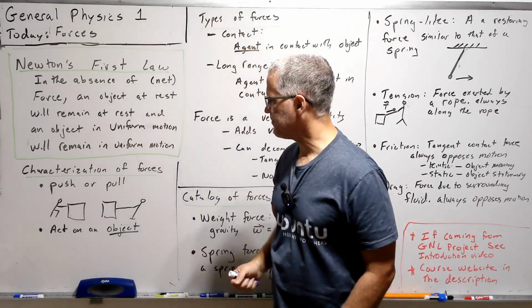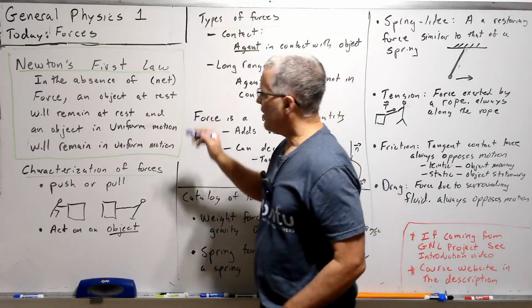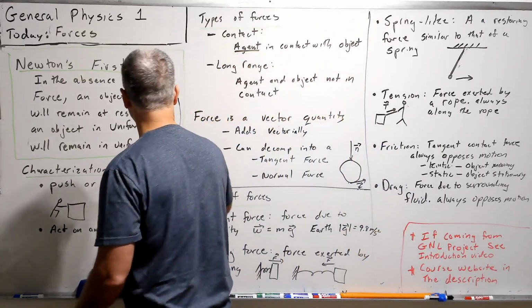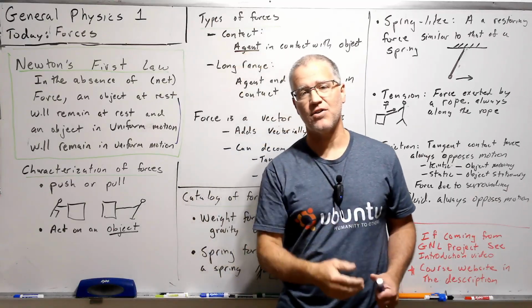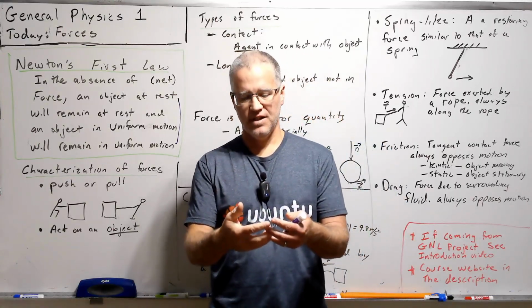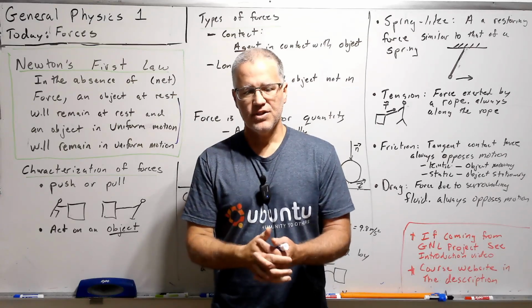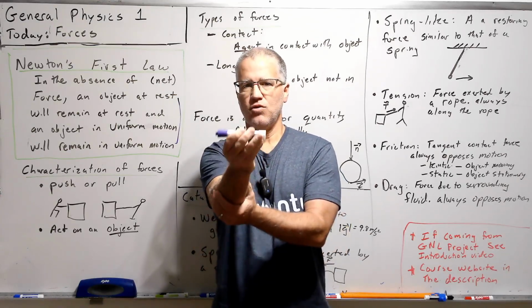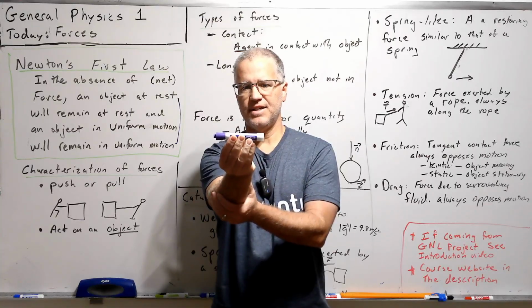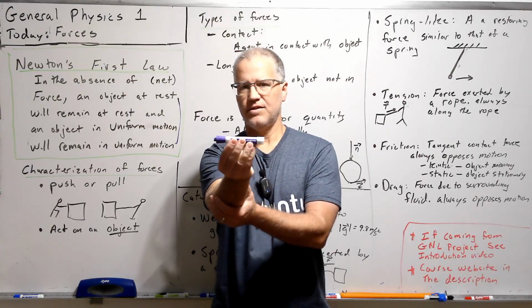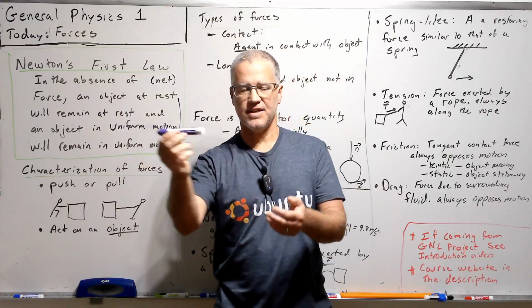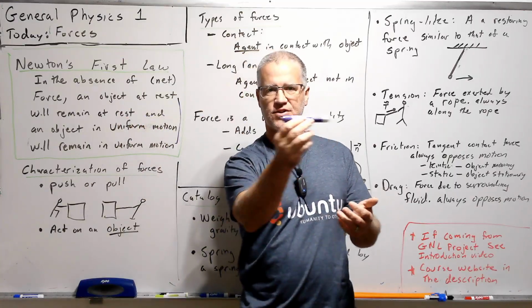Now, this is actually redundant based on what we've talked about earlier with the idea of the reference frame. If I'm sitting here holding this pen and it's at rest, that feels a little different than an object that's undergoing uniform motion.